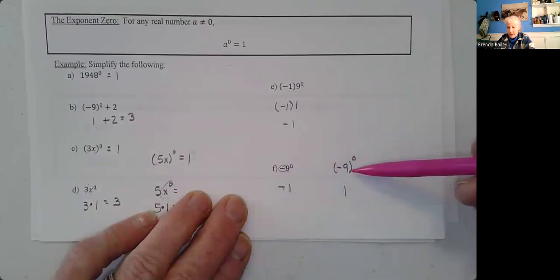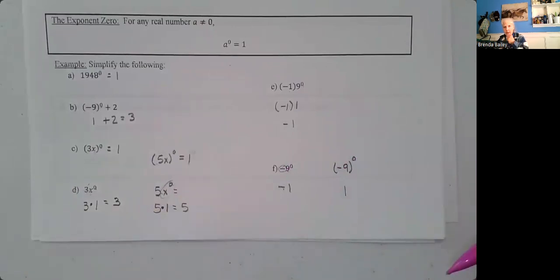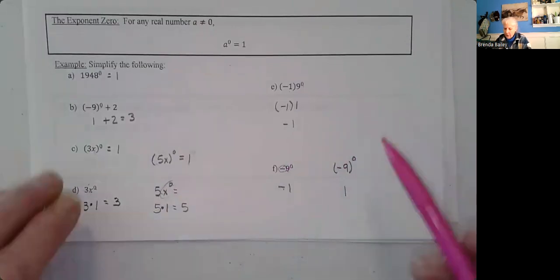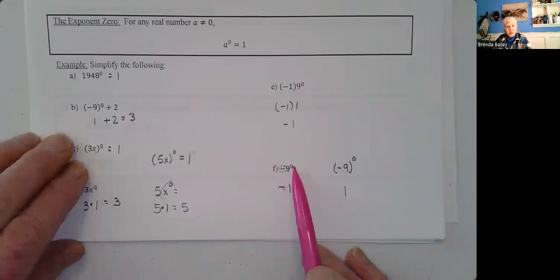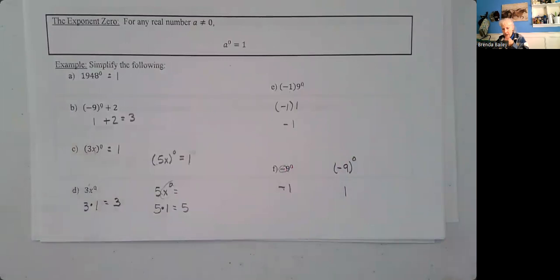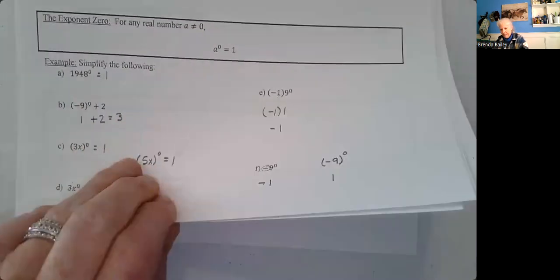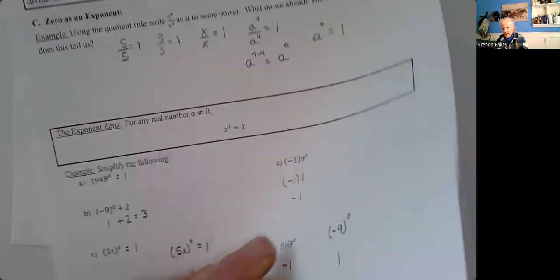If you have parentheses, then the negative or everything is a part of the 0 power, or whatever power you happen to have. Here, only the 9 has the exponent, and you don't include your negative in front. Okay, great. Look at another.